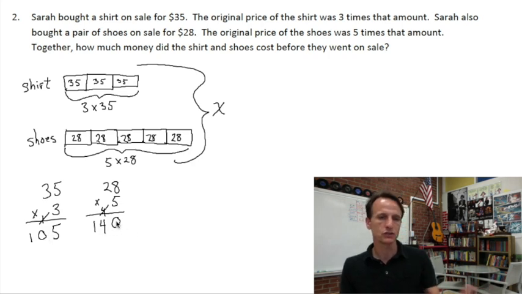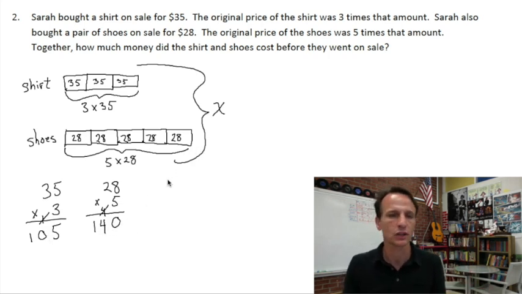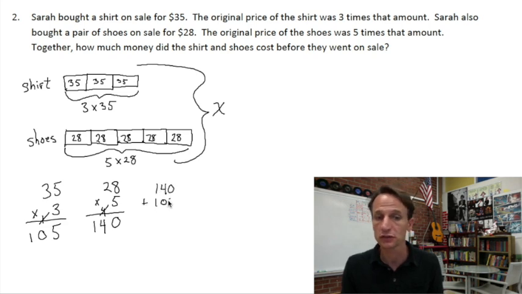Okay, and when we put these two together, we'll have our X, how much they cost before they went on sale. So that would be simply 140 added to the 105. Very simple addition they gave us here. 0 and 5 make 5. 4 and 0 make 4. 1 plus 1 is 2.